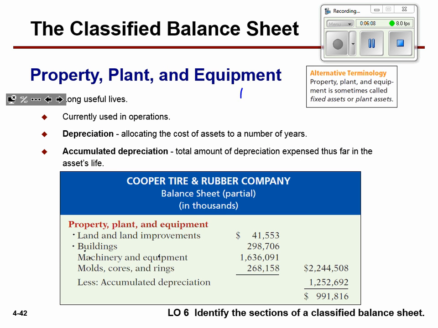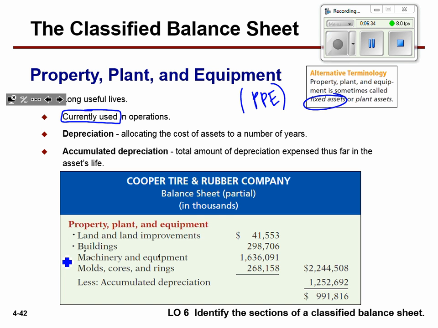Property, plant, and equipment, more formally known as PPE. Sometimes you'll see it as a fixed asset, a current asset versus a fixed asset. Property, plant, and equipment that's got long useful lives. It's going to be around a while. The key there is it's currently being used.